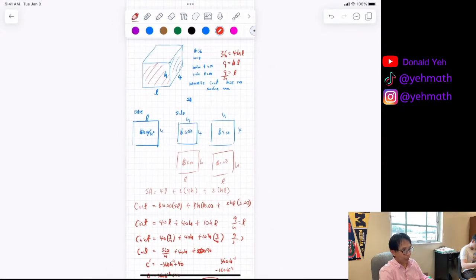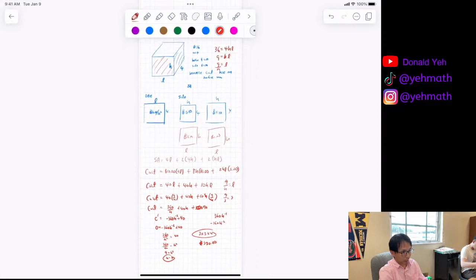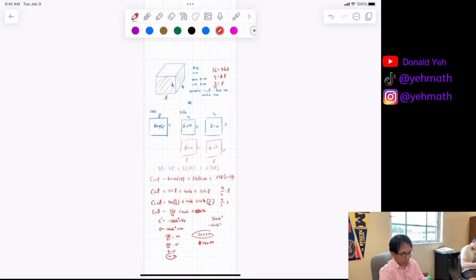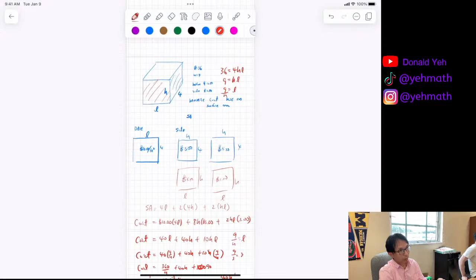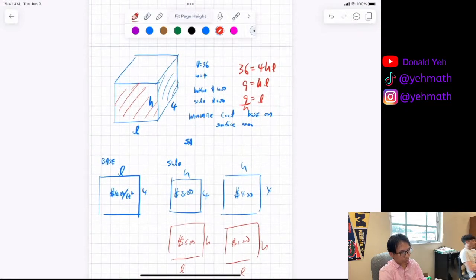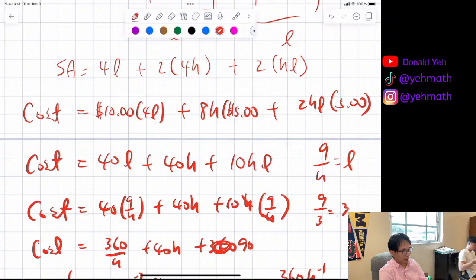I drew out everything to show you what happened, but hopefully you can understand that. The primary is the cost, which is actually here: the cost equals 40L plus 40H plus 10HL.